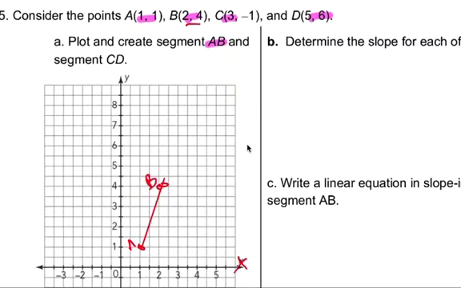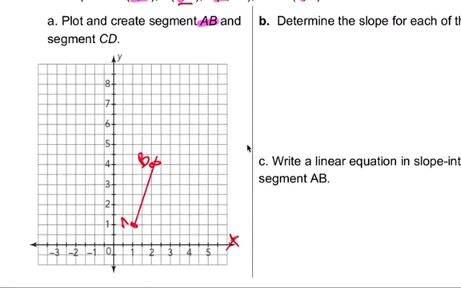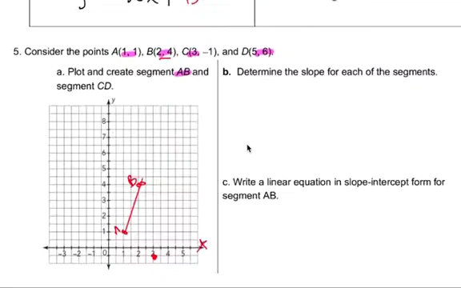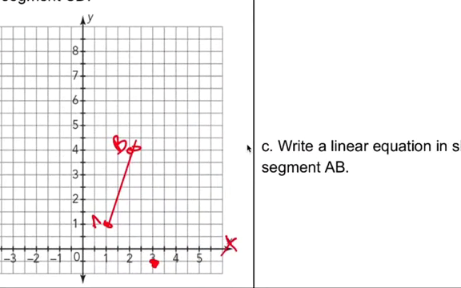And then C to D is 3, -1. And 5, 6. Okay, 5, 6 is up there.